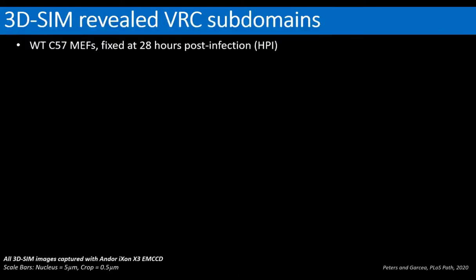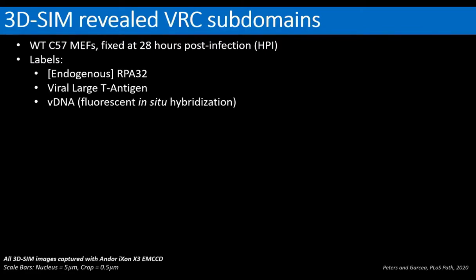First of all, these are wild-type cells, not the GFP RPA cells, and they're fixed, not alive. I've labeled these cells for endogenous RPA32, the viral large T antigen protein, and viral DNA by fluorescent in situ hybridization, or FISH, which labels all the viral genomes in the cell.